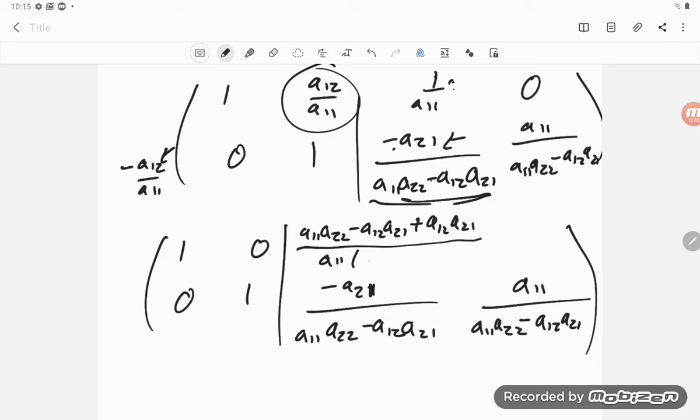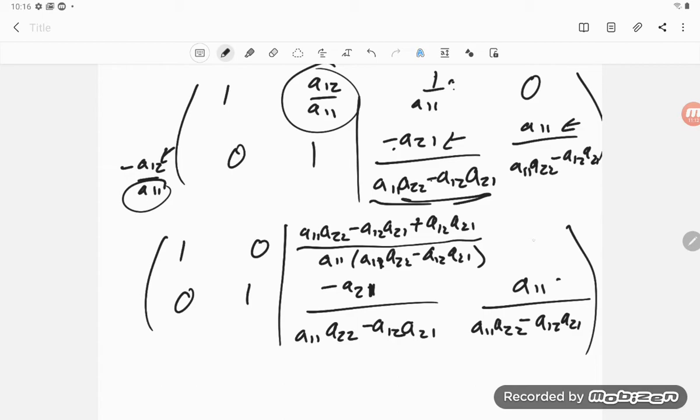And then also this A11, A22 minus A12, A21. And then I'm also left with, on the top here, I need to multiply through by the minus A12. The A11s cancel here and here.